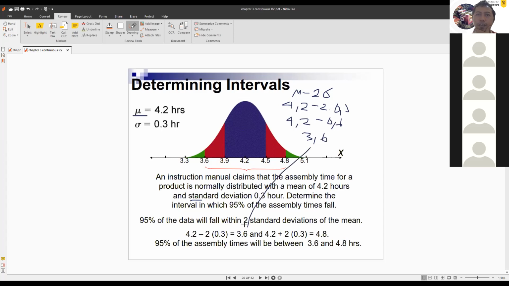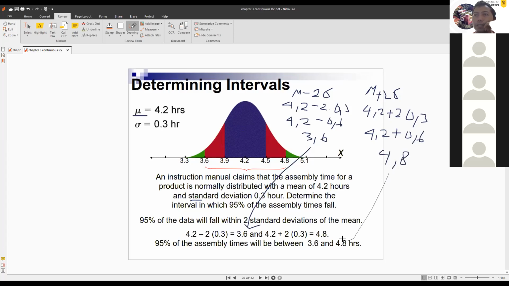That's the answer here. In the same way, for the positive standard deviation, 4.2 plus 0.6 is 4.8.